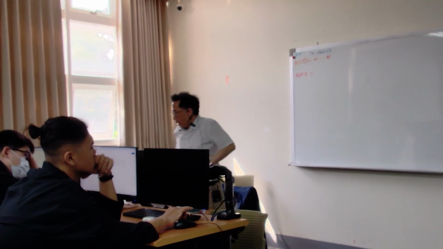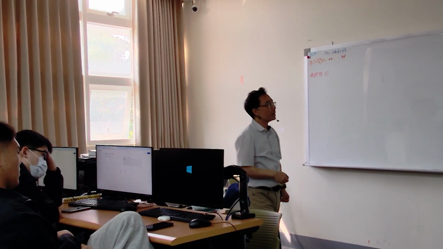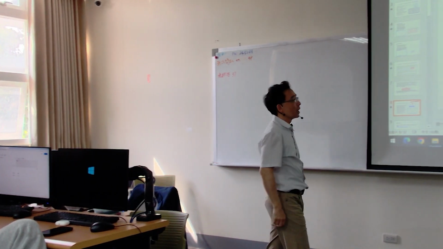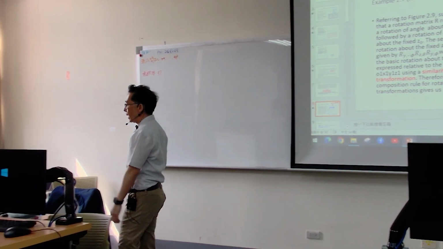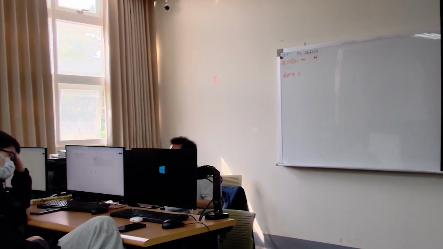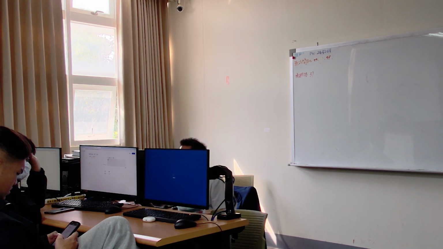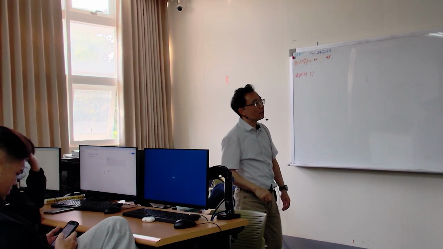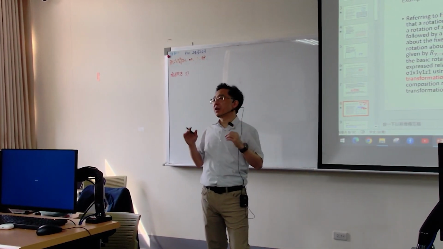So the result comes out here: it is R Z theta, rotation Z theta, and rotation Y. Compare to the previous. Oh, not here. Y, Z. There is an amazing discovery.